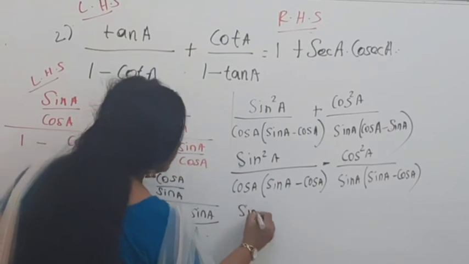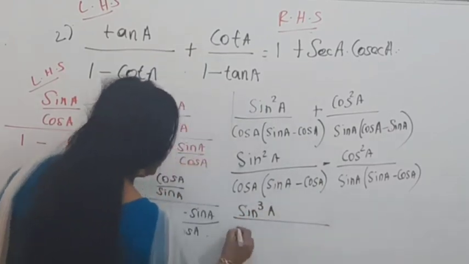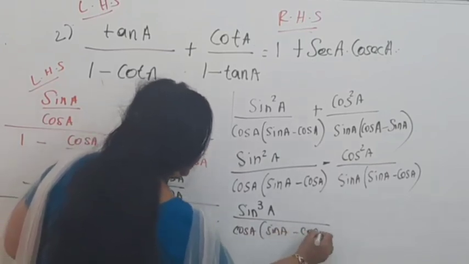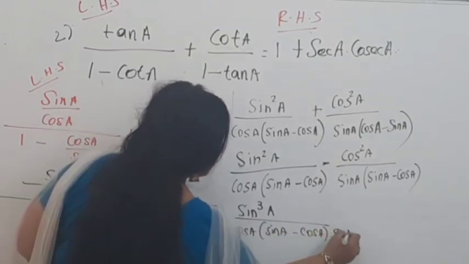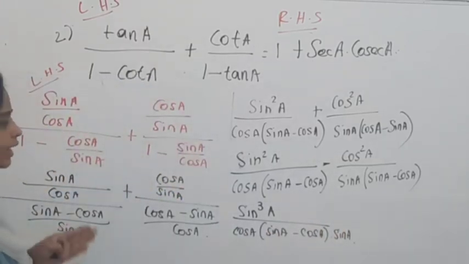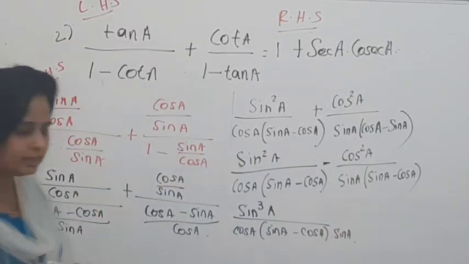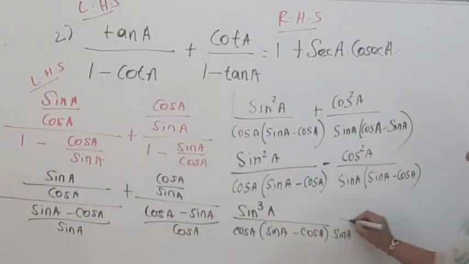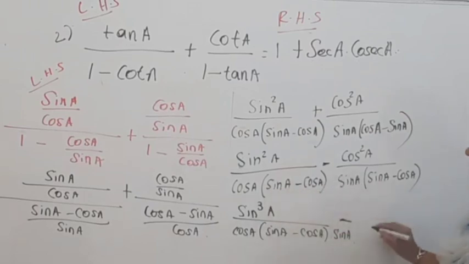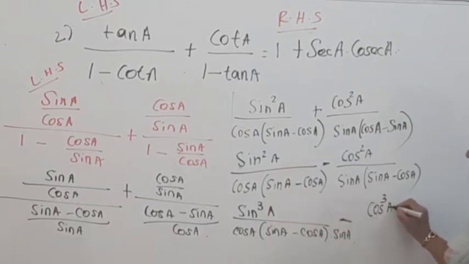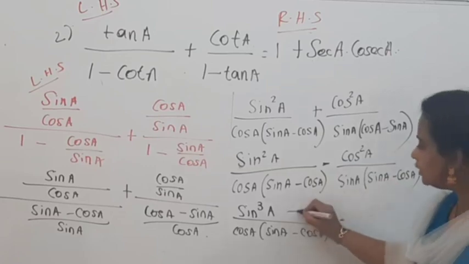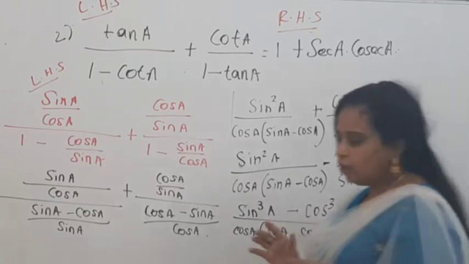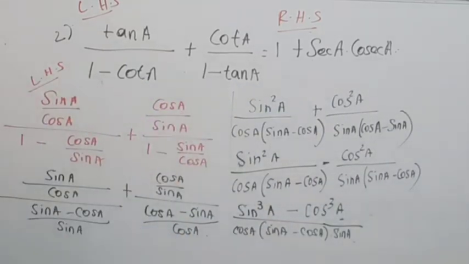So that becomes sine cube A divided by cos A into sine A minus cos A into sine A. Hope you understand, the LCM is sine A cos A into sine A minus cos A. So I multiply this side by sine A, and minus this side I multiply by cos A, that becomes cos cube A. So now I write it all together, minus cos cube. Hope you understand, the denominators are the same, so the numerators are just subtracted.